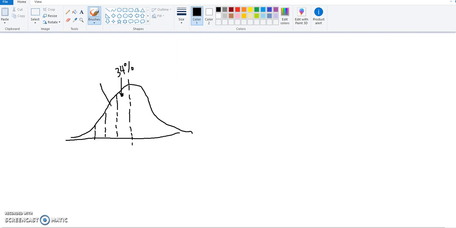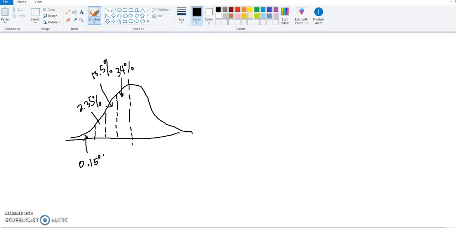The piece right next to it is 1/2 of 95 minus 68, divided by 2, using the symmetry argument, if you remember from class. So that comes out to 13.5%. And then this piece right here, same way, we found that that was 2.35%. And then the tail at the end, this little bit, is 0.15%.